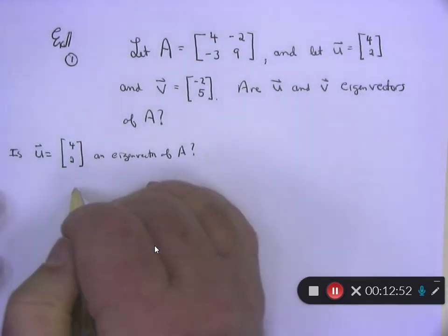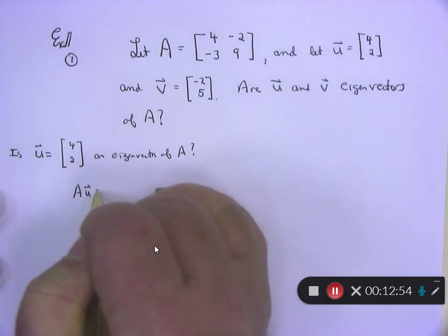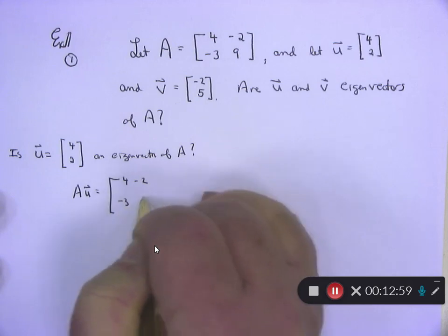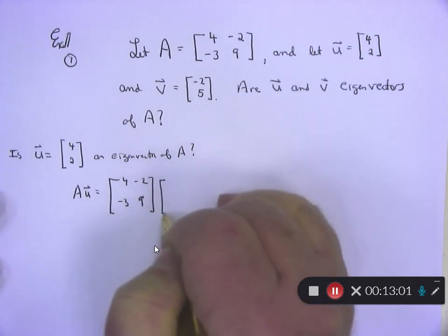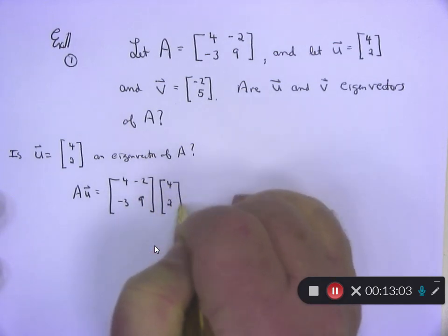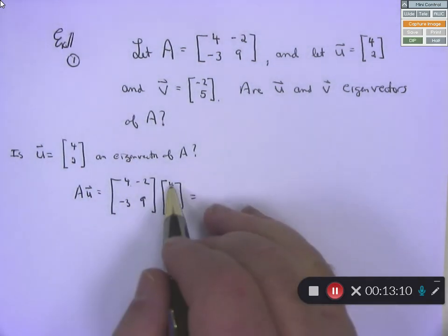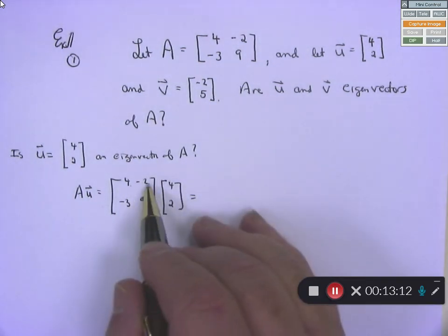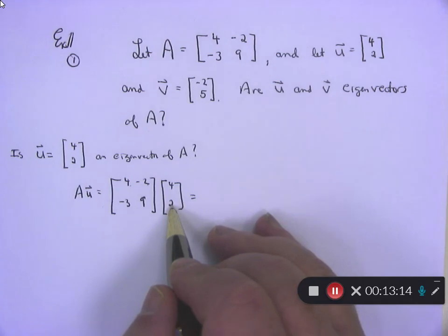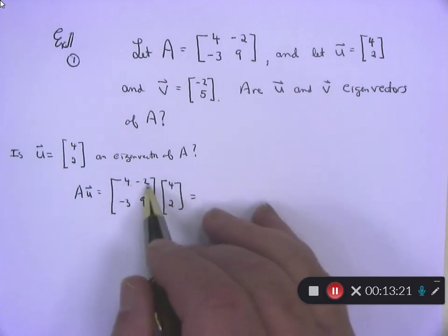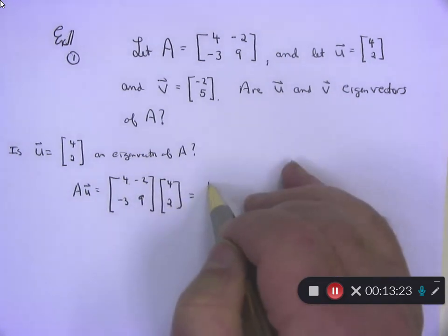So let's multiply A times U. That would be [4, -2; -3, 9] multiplied by the vector (4, 2). Okay, row by column. Let's not screw this up. So here we go. 4 times 4, 16. -2 times 2 is -4. 16 minus 4 is 12.